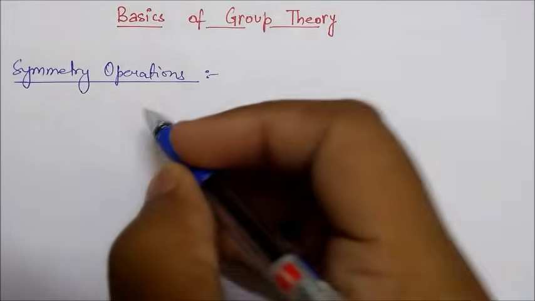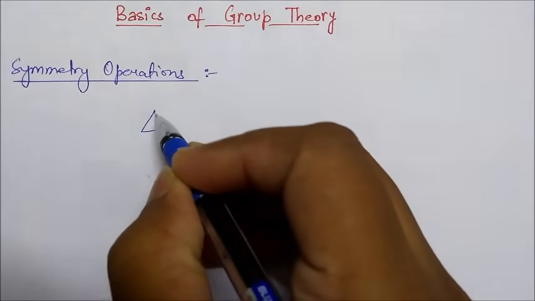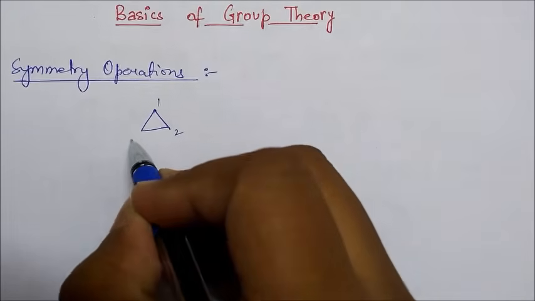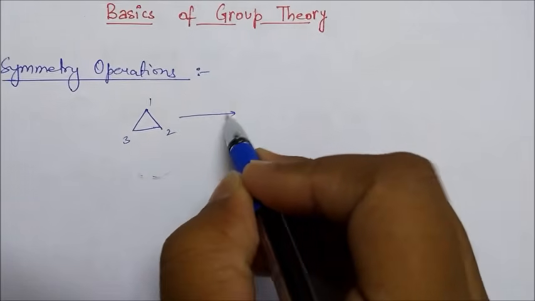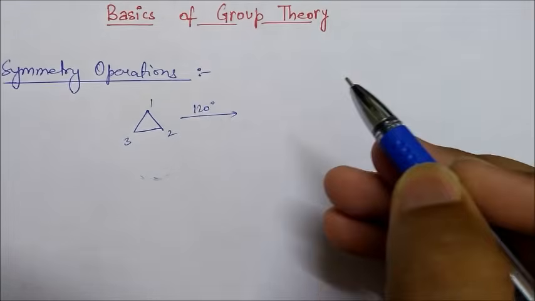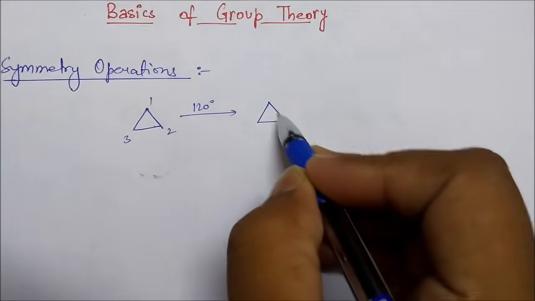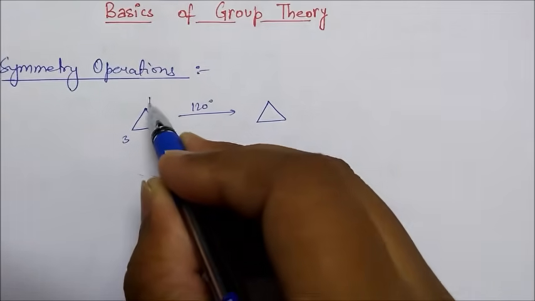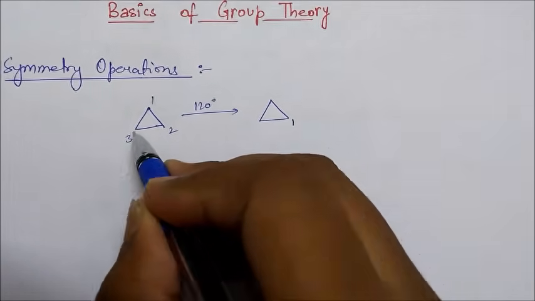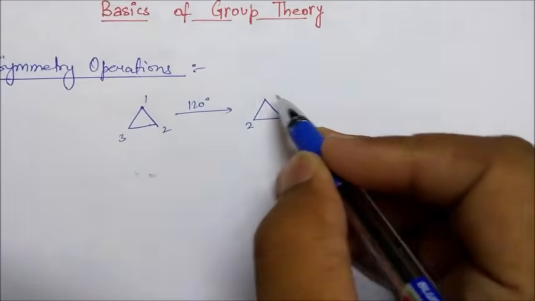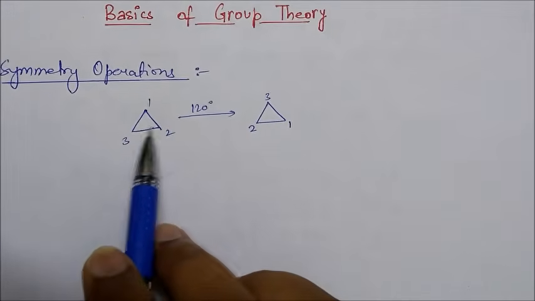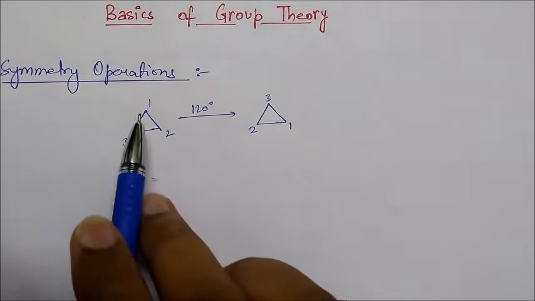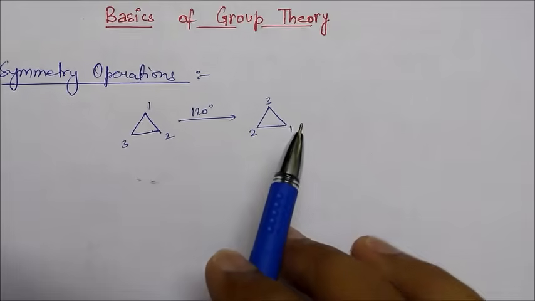For example, say you have a triangle, and I label it 1, 2 and 3. If I rotate it by 120 degrees clockwise, it will again look like the same triangle: this 1 will come here, this 2 will go here, and this 3 will go here. Both are indistinguishable if you don't label them, but I have labeled them so that you understand the operation that has been done.